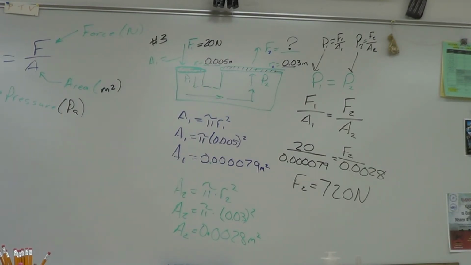So rho, kind of a curved P, is equal to m divided by v. So this is density. m is mass, rho is density, v is volume.